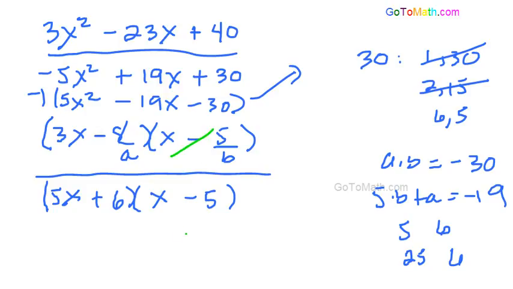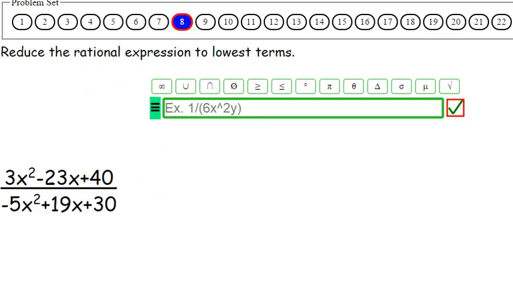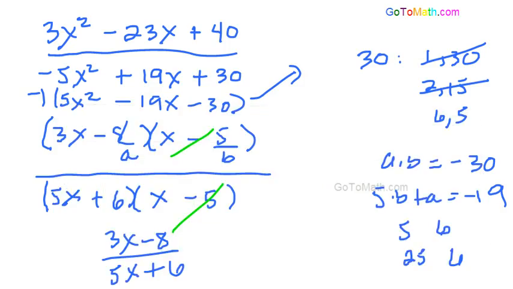Okay, so those guys are going to cancel out, and we're going to be left with 3x minus 8 over 5x plus 6. Alright. Oh, you know what? I forgot that negative. There was a negative here. One of these numbers is negative, and it's coming from down here.